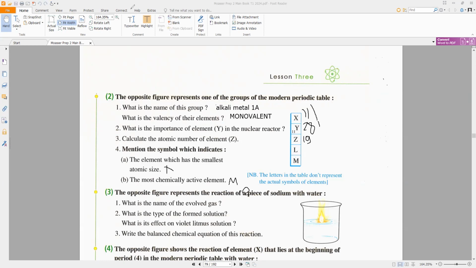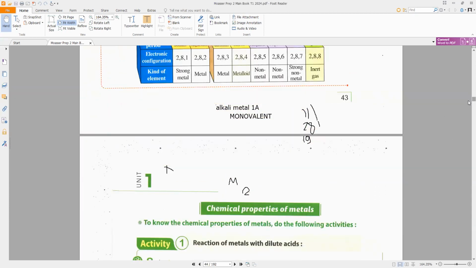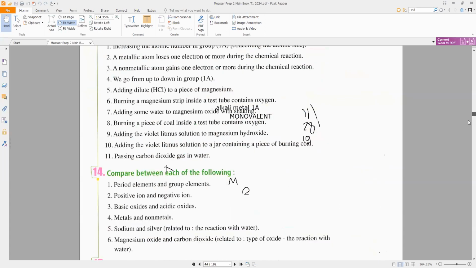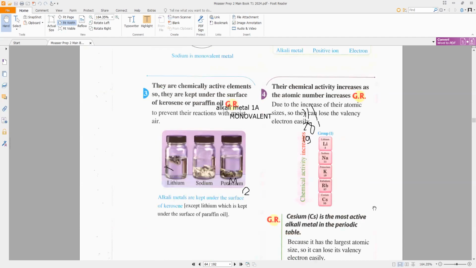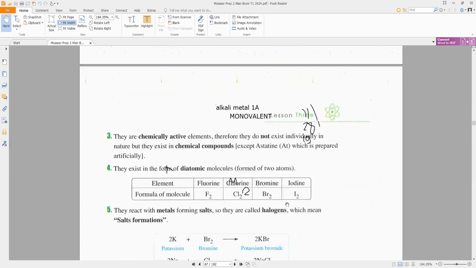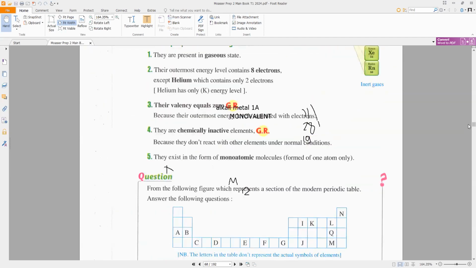So the most active, as we see, we start with lithium, sodium, potassium, rubidium, and cesium. So M is cesium.